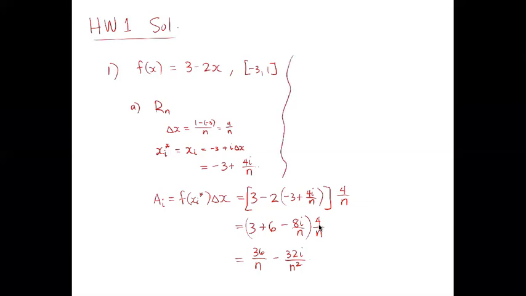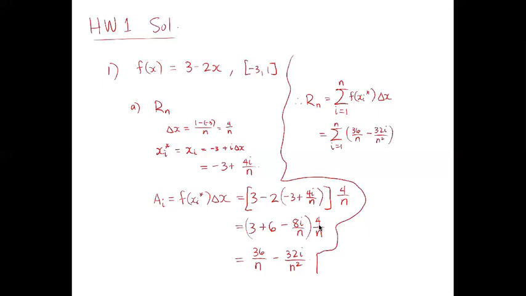Then, what is now our Rn? Therefore, Rn is equal to the sum from i equals 1 up to n of f of x i star delta x. So this is the sum from i equals 1 up to n of 36 over n minus 32i over n squared.